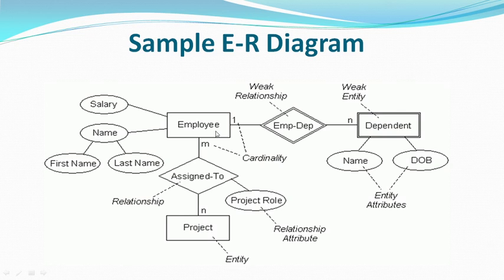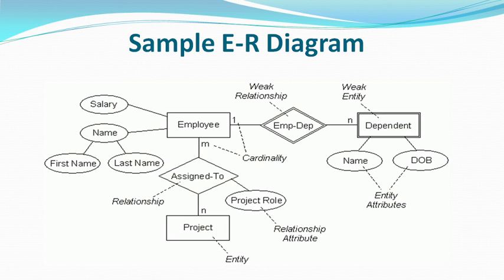Here employee, project and dependent are all entities. Dependent is the weak entity because the dependent entity exists only when the employee entity exists. For example, a room exists only if there is a building.